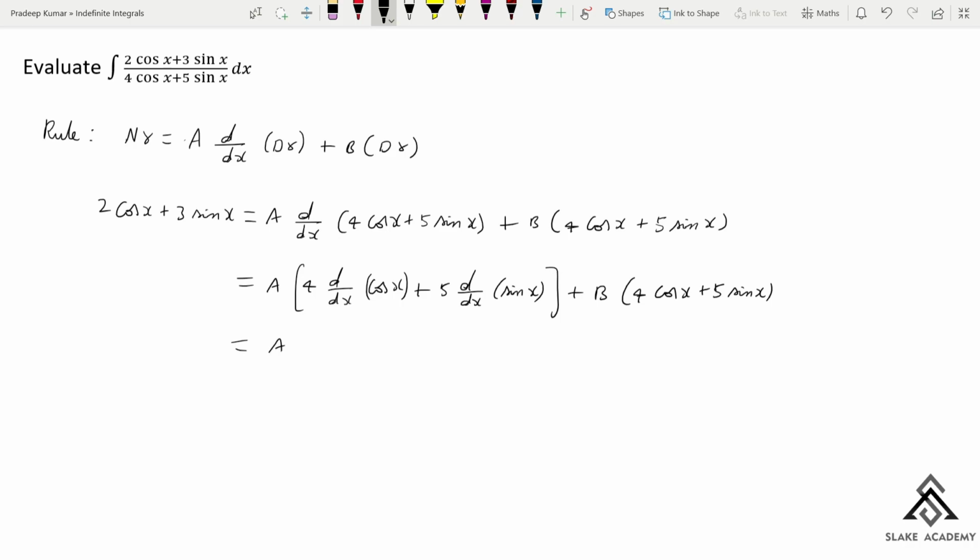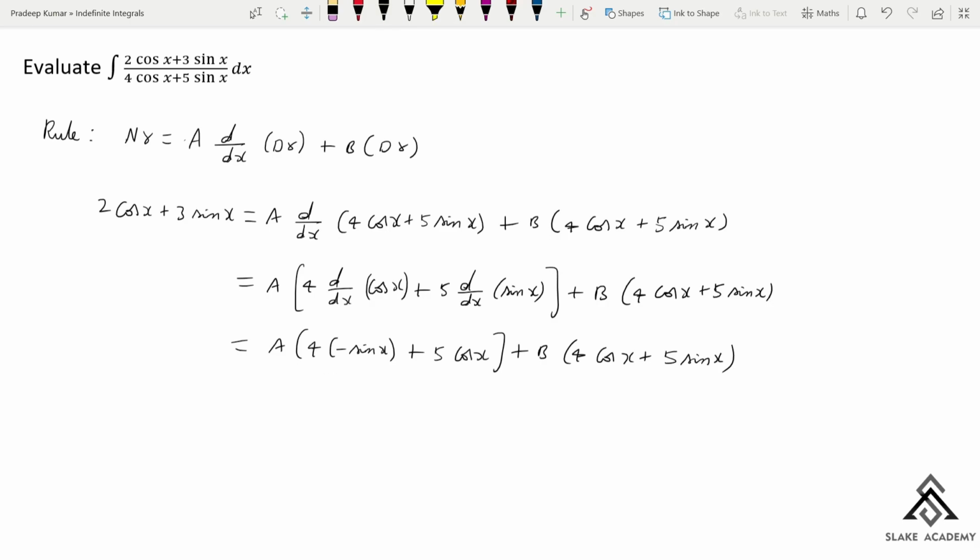A into this: 4 into d by dx of cos x, which is minus sin x. This is 5 into d by dx of sin x, which is cos x.